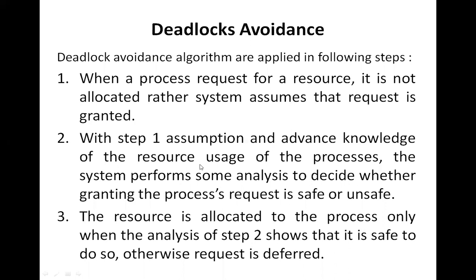In the second step, it does the analysis and tries to find the various safe zones and unsafe zones. And then it is allocated to that particular process if it moves in a safe sequence, or otherwise it is deferred.